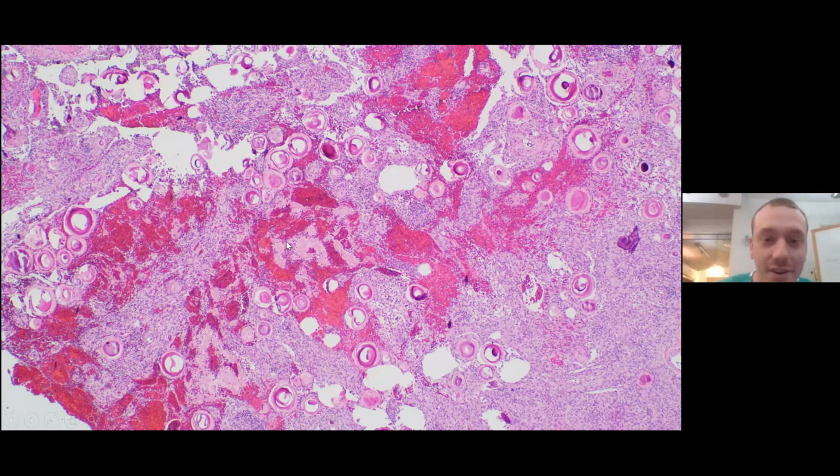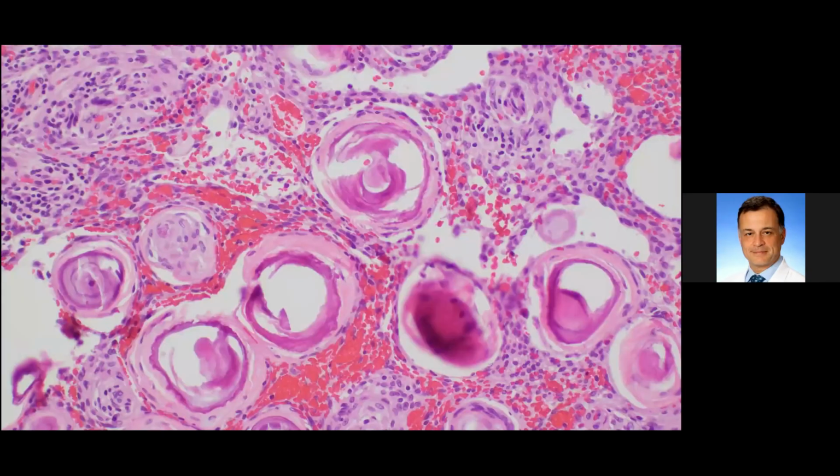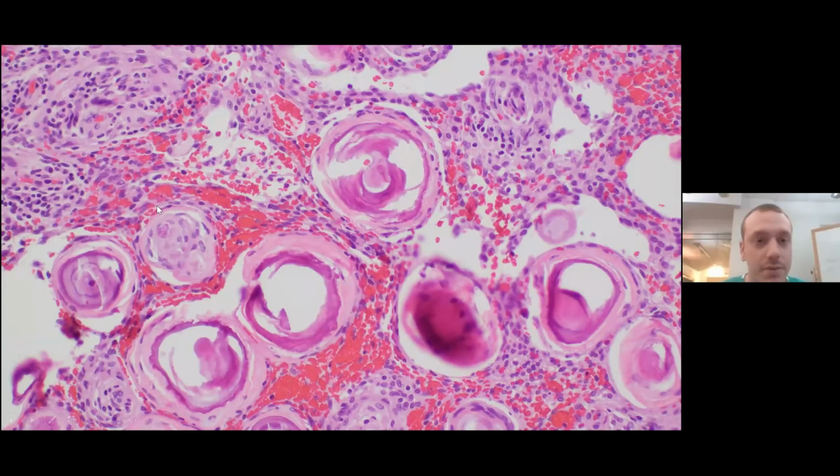So basically here, you see areas of focal calcifications, which were expected with the CT that we just showed. And also here in the middle part, you see these whorls. It's a better picture here. Meningothelial whorls are characteristic of meningiomas.